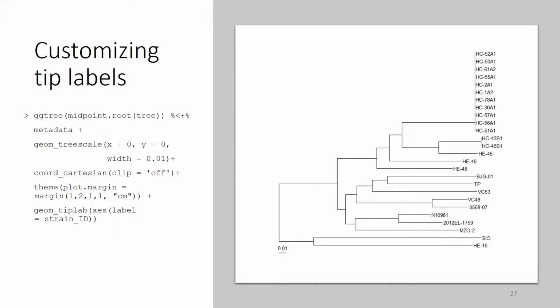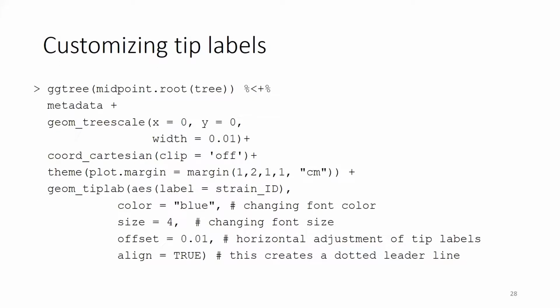So for your research, that might be a little bit more meaningful. We can also add a few more features to make the tip labels easier to read. For example, the only thing I changed here was the color. So maybe blue isn't more easily readable, but I changed it to blue arbitrarily.